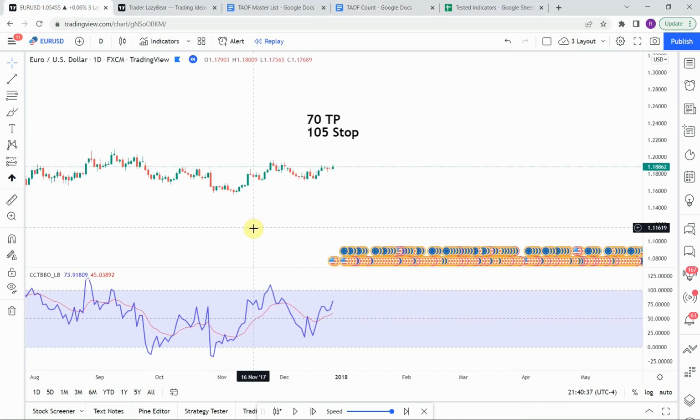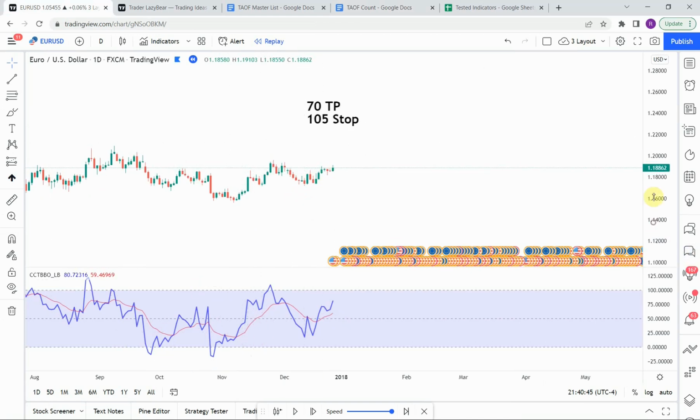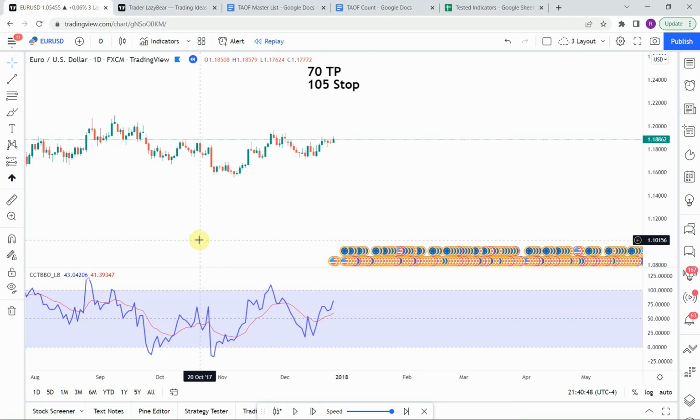Alright, so today's indicator is the CCT Bollinger Bands Oscillator. You can see it here on the bottom of the screen. What we're looking for with this indicator is, as most of you could probably already tell, an overbought and oversold type situation.